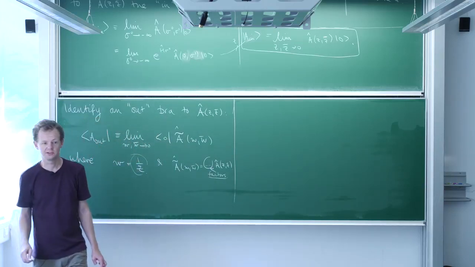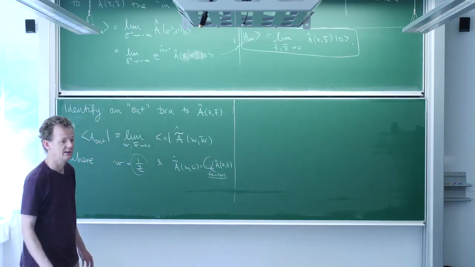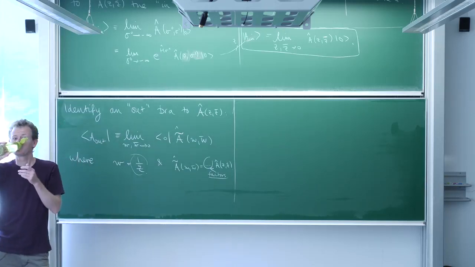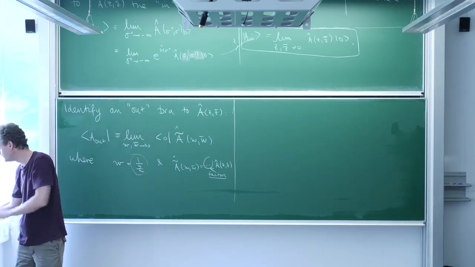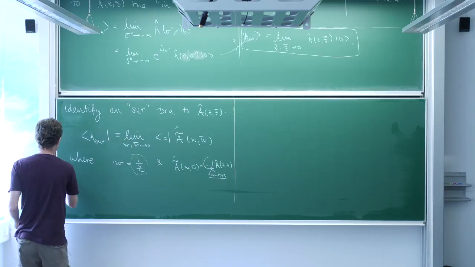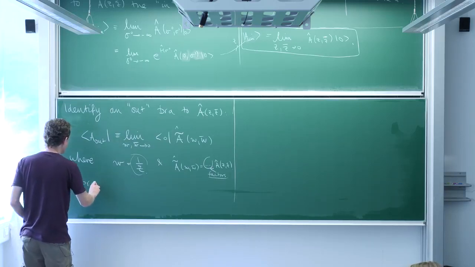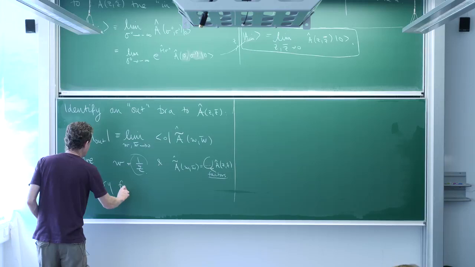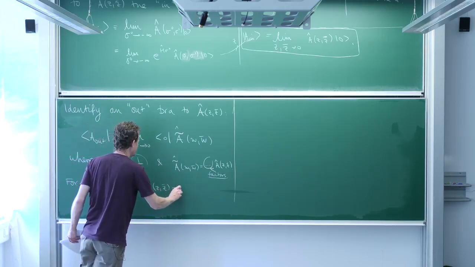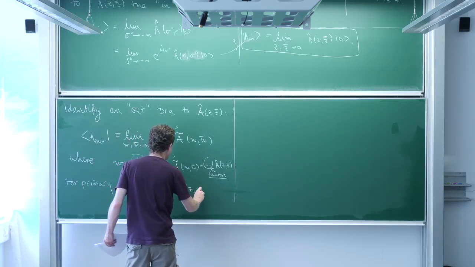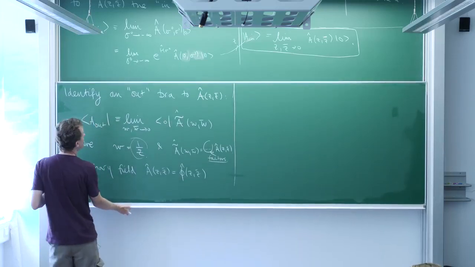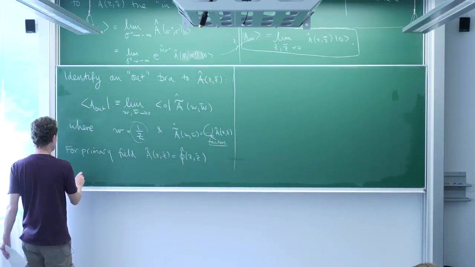We'll actually chase down these factors in the case of a primary field. In the case of a general field, it's not so easy. So for a primary field, we know how primary fields behave under conformal transformations.